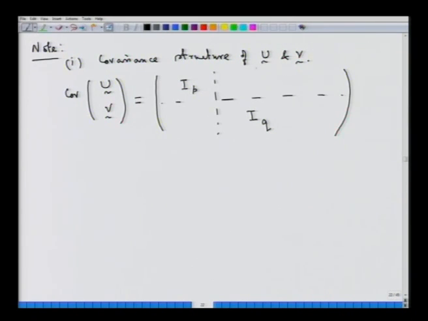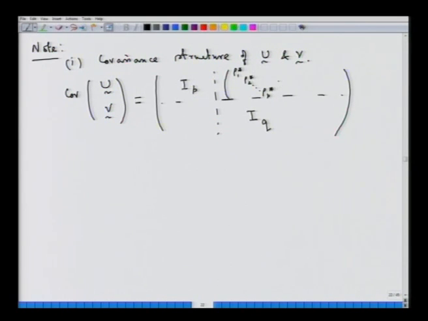And the off diagonal block here, what is this? This is the covariance between u and v. So, the covariance between u1 and v1, what is that? That is the correlation between u1 and v1. What is that in turn? That is the first canonical correlation. So, that is rho 1 star, rho 2 star, up to rho p star.